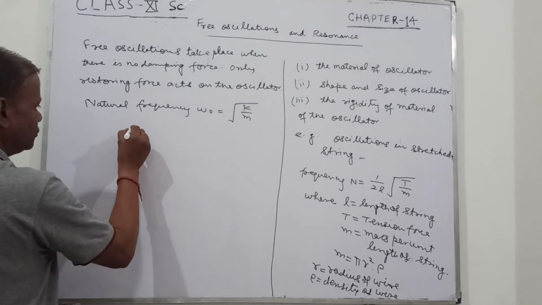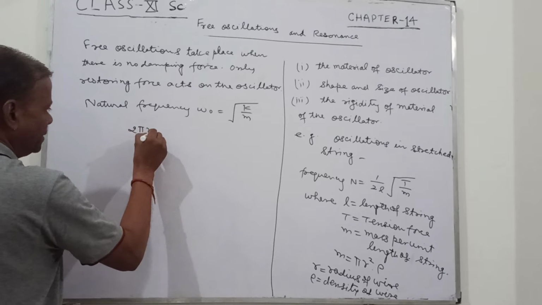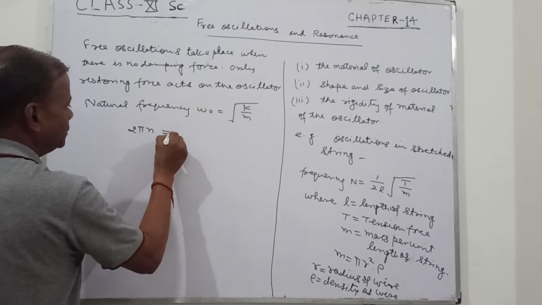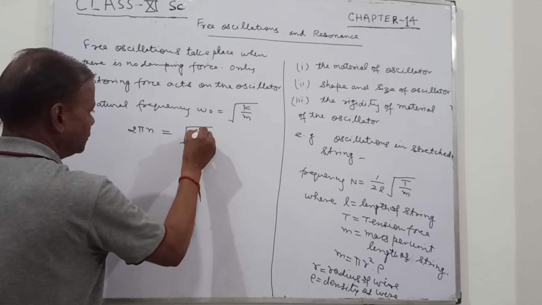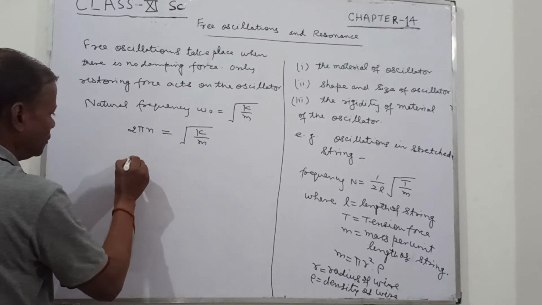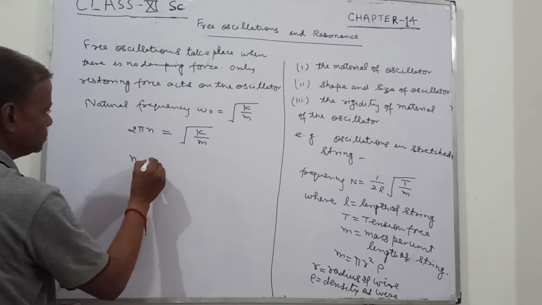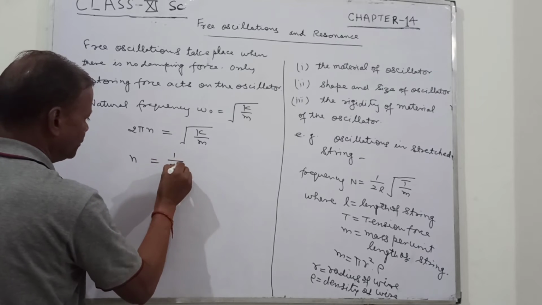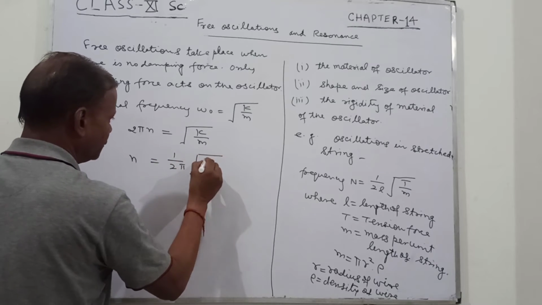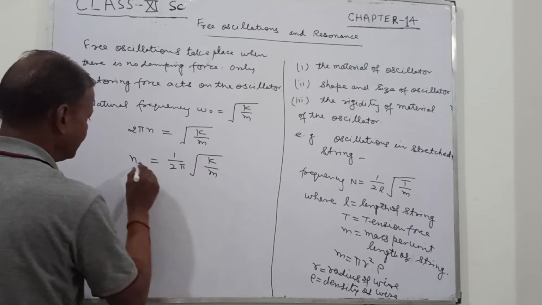So this is equal to 2 pi n equal to square root of k upon m, or n equal to 1 upon 2 pi square root of k upon m.